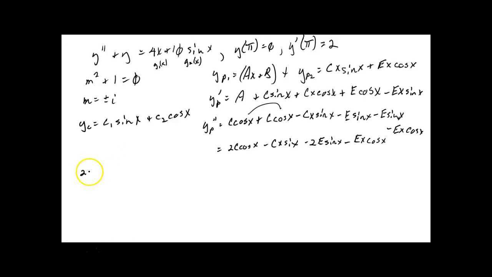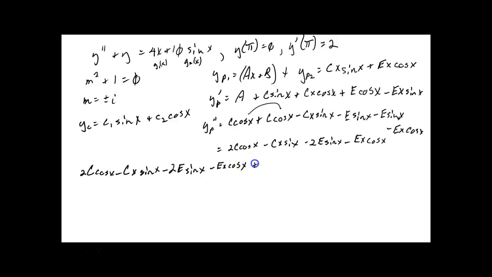So we got 2C cosine x minus Cx sine x minus 2E sine x minus Ex cosine x. There's your y double prime plus y, which is those things added together.